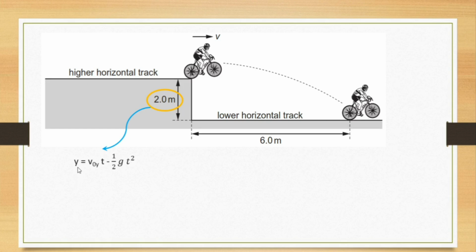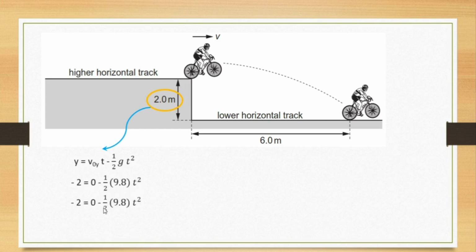I will substitute y using minus 2 meters, negative because it is below our point of reference. u0y is 0 because it starts moving from here with horizontal component of velocity only. Minus a half times 9.8 times t squared.